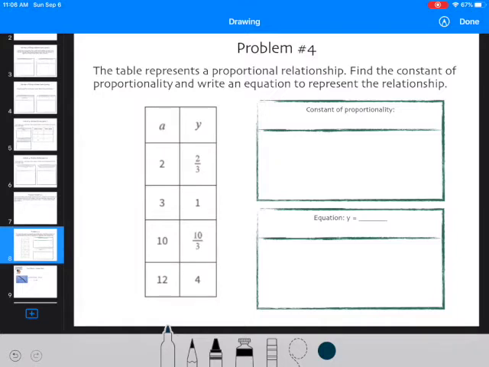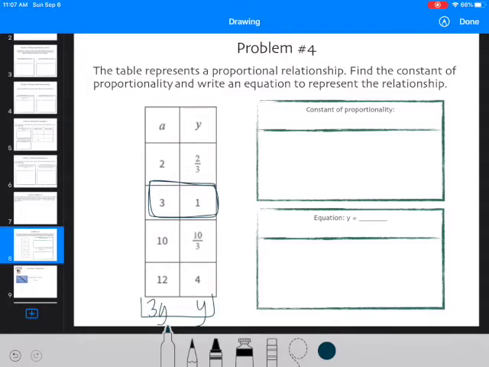Problem 4. The table represents a proportional relationship. Find the constant of proportionality and write an equation to represent the relationship. So my constant of proportionality is here. So I know that I'm multiplying by 3 each time. So it would be 3y.